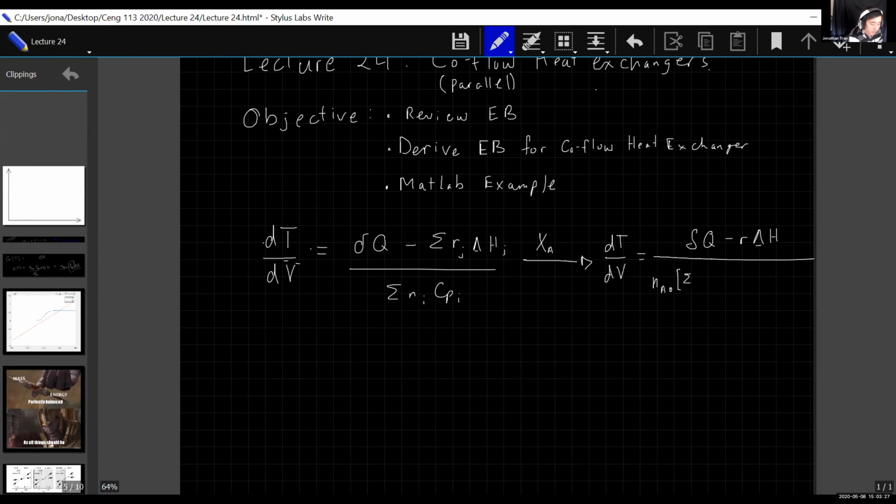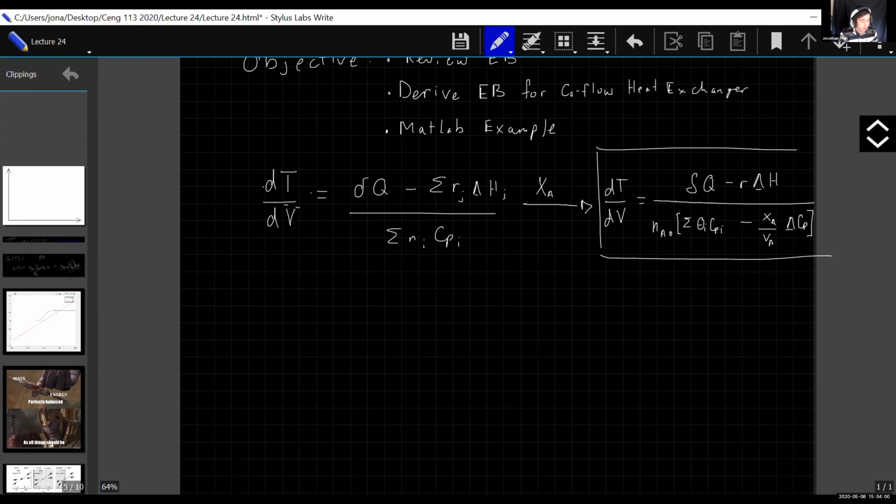So this is going to be N_A0 times the summation of Θ_i C_pi plus X_A over V_A times ΔC_p. Okay, and so this is simply the energy balance in terms of conversion, and it's what we're going to be using when we get to our example today. So I wanted to just look over that again.